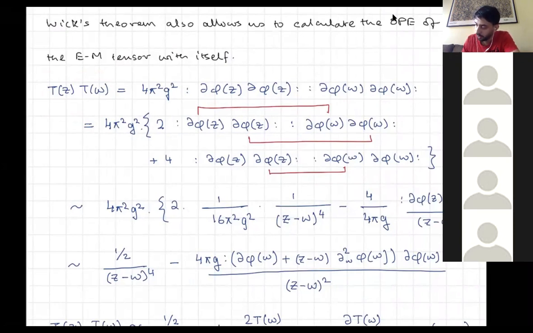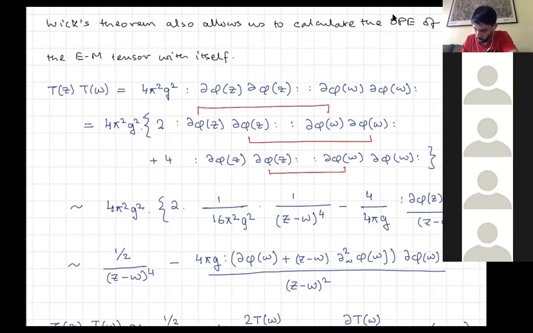Now what can happen? This can go with this, and this can also go with that, right? So for the first term, there are two ways that you can double contract it.